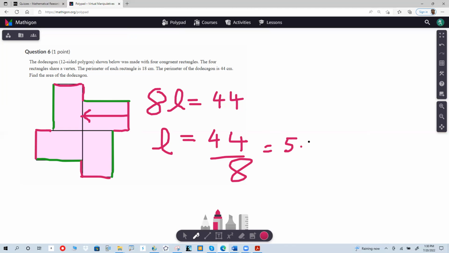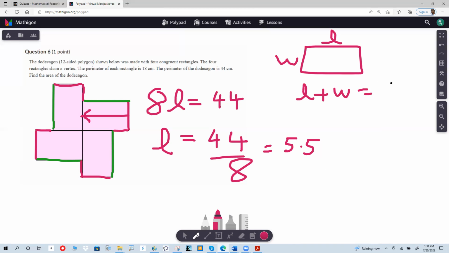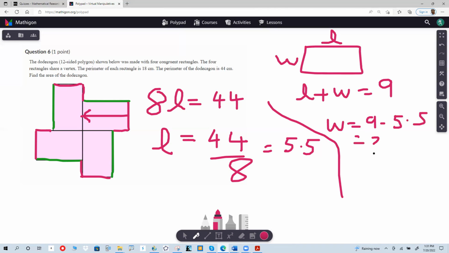And now, if the perimeter of the whole thing is 18, and each pink rectangle is L by W, we know L plus W is 9. So W is 9 minus 5.5, which is 3.5. Same thing. It's actually probably a little easier, isn't it? So L is 5.5. Yeah, a lot easier.